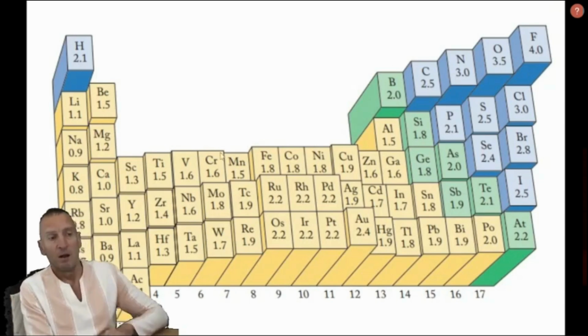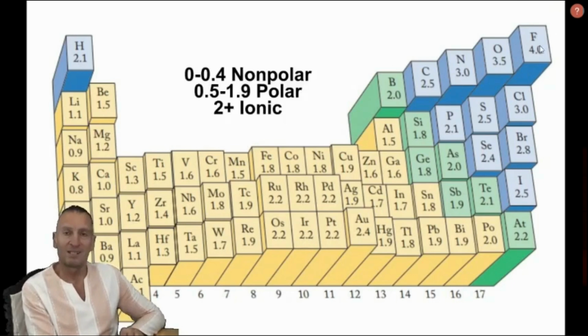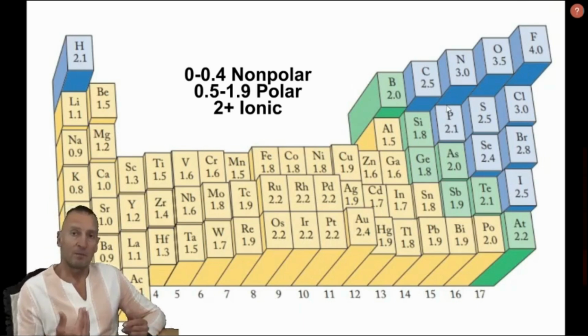If the difference between the two elements is less than 0.4, say for example between carbon and phosphorus, the difference between them is 0.4, then their bond is covalent. Now, if you've got a difference between 0.5 and 2, say for example oxygen is 3.5 and hydrogen is 2.1.